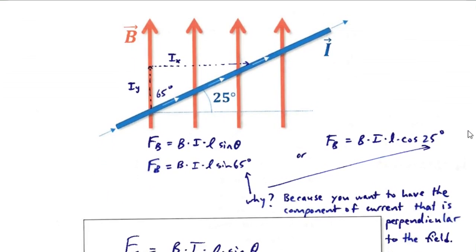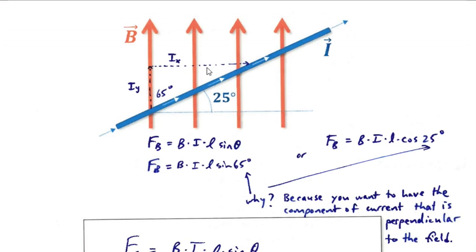So in this example right over here, what you see is a field going, let's call it north, with a current going 25 degrees north of east. And so I broke it into the different components, the y current component and then the x current component. If we're looking at only that which is perpendicular, we want to determine what this value is for the x current portion right over there.